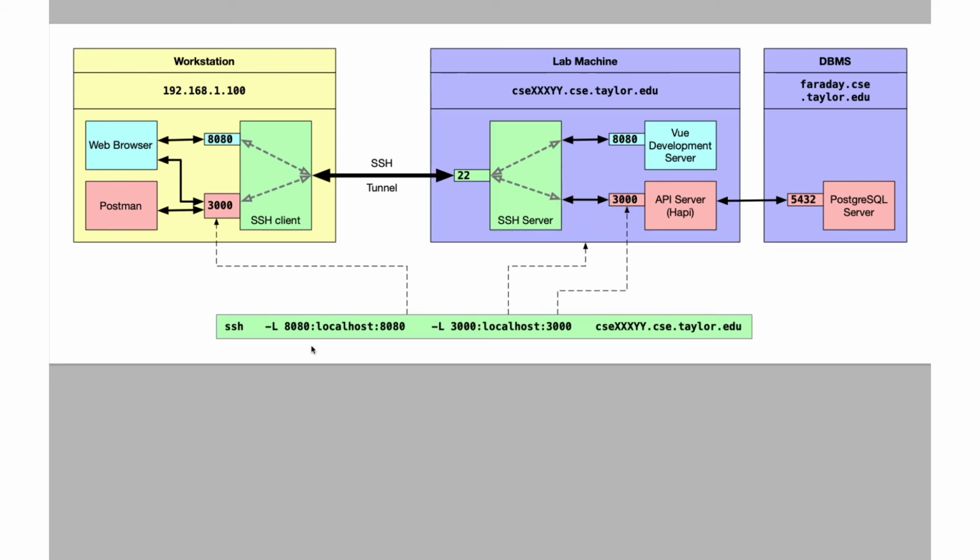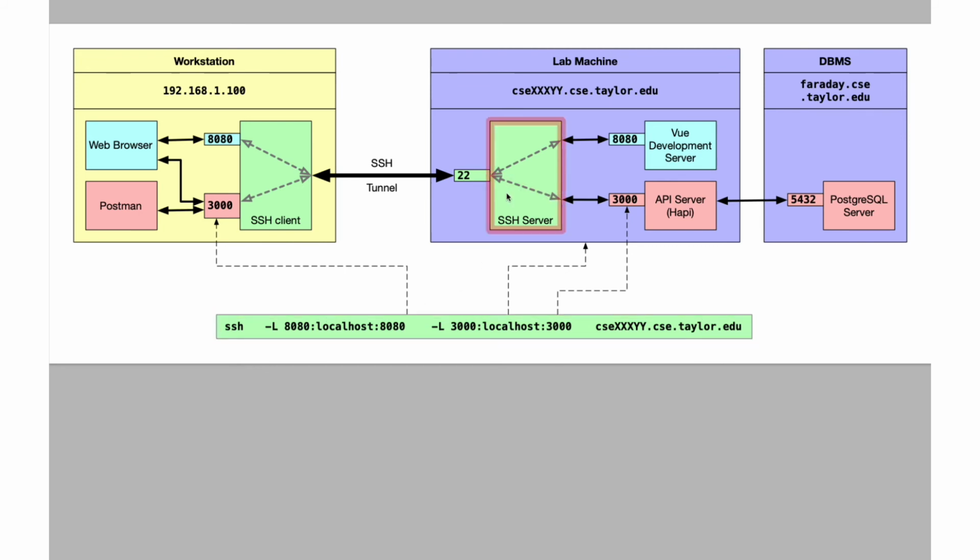Similarly, I've put in a -L flag to forward the connection to the Vue development server. So I'm saying on the workstation over here, listen on port 8080, and then send that connection across to the SSH server on the other side of this connection, this SSH to the lab workstation. And there, I want you to connect to port 8080 on that same host, right?